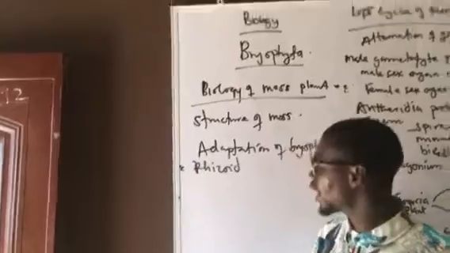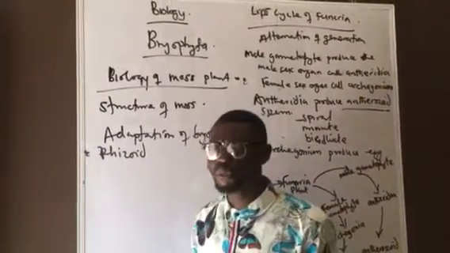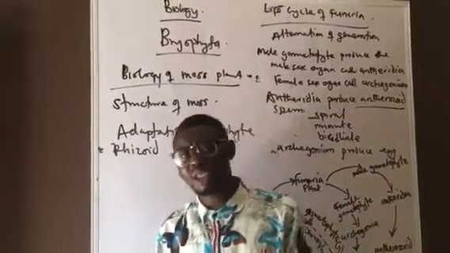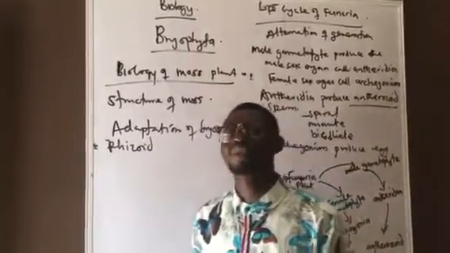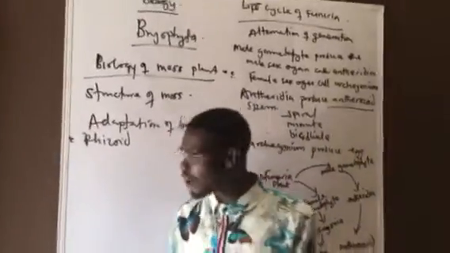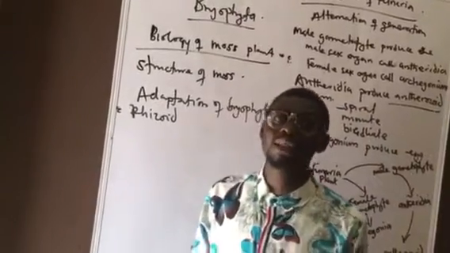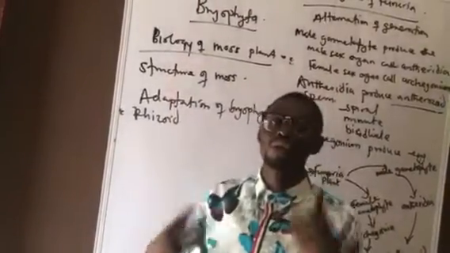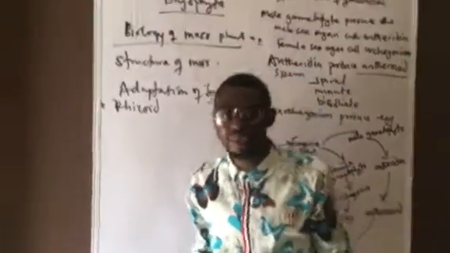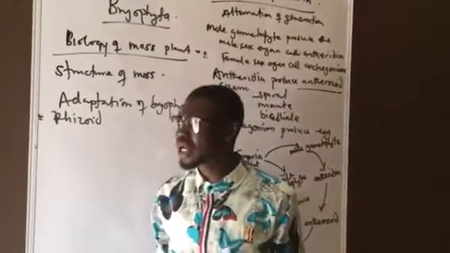Another adaptation is that they have two life cycles, the sexual and asexual. The sexual stage depends on water, while the asexual stage does not depend on water. Another adaptation is that their sporophyte phase is above the soil, so that they are protected from desiccation. Those are the adaptations.